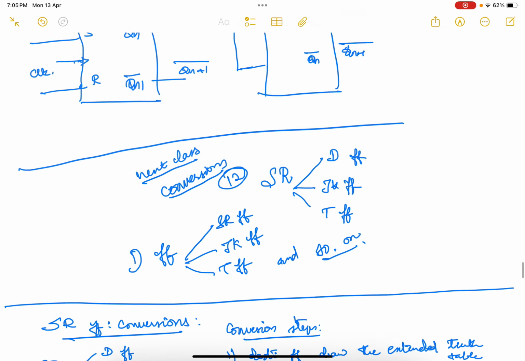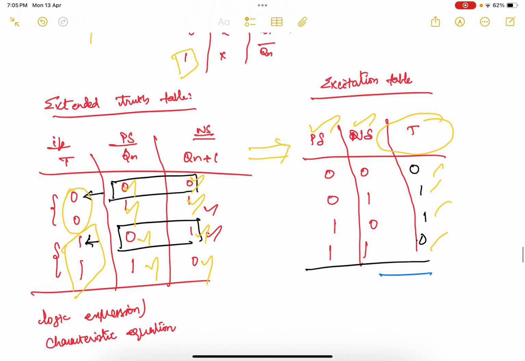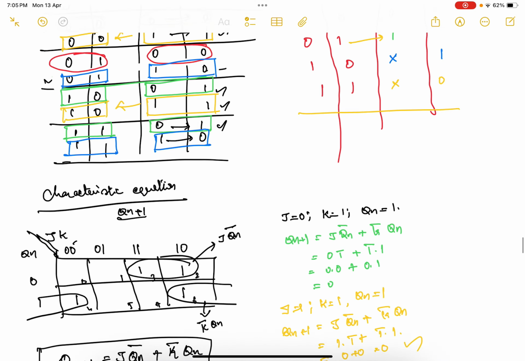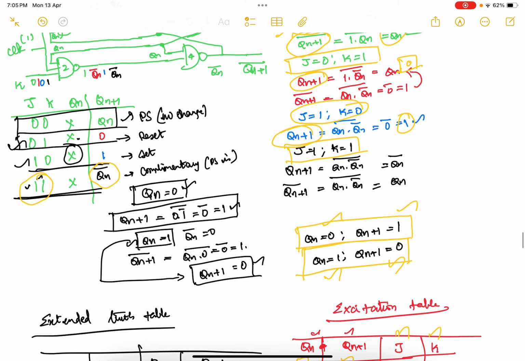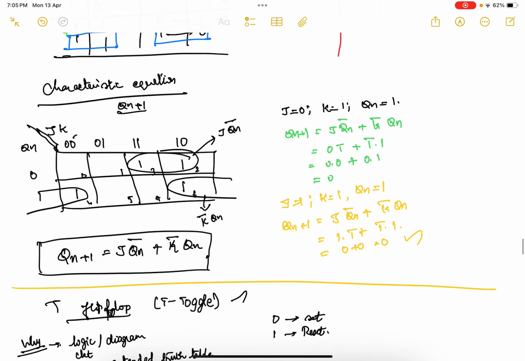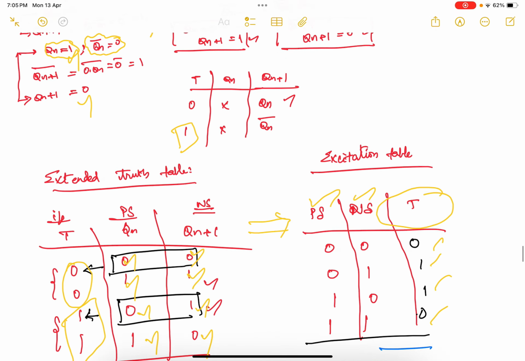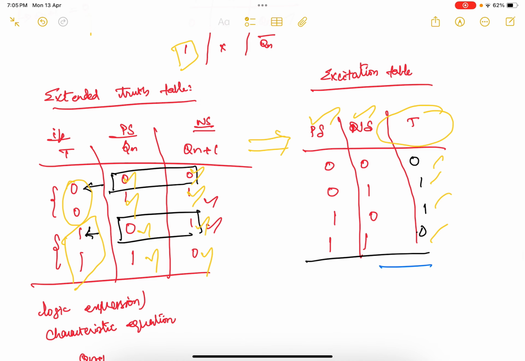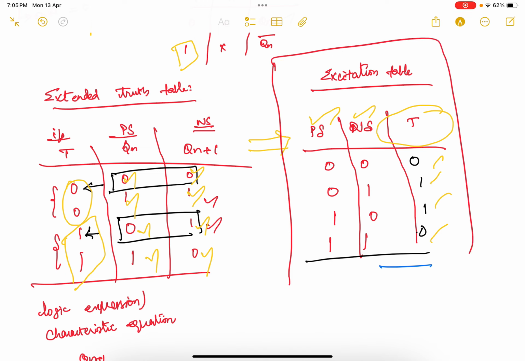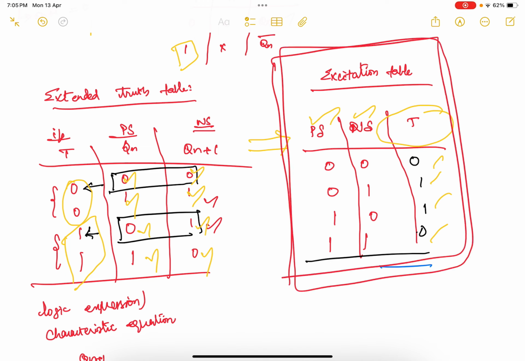For the T flip-flop: 0 0 means 0, 0 1 means 1, 1 0 means 1, 1 1 means 0, that is 0 1 1 0.